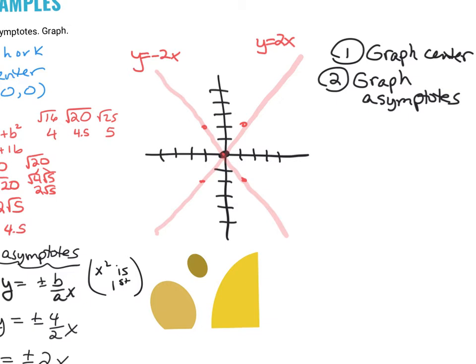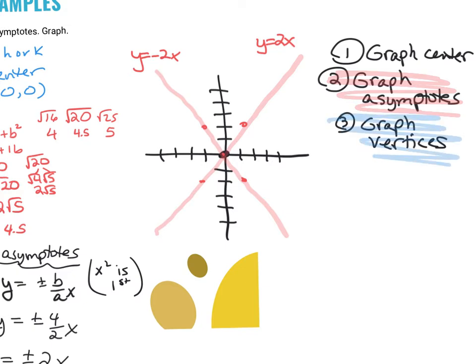Step number 3, graph the vertices. My asymptotes were in red, my vertices I'm going to do in blue. They're the ordered pairs negative 2, 0, and positive 2, 0.